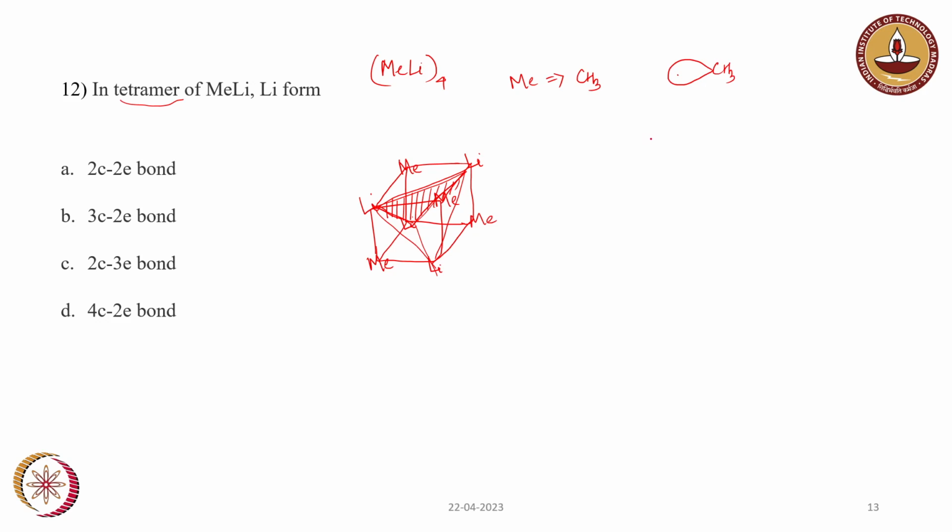So the interaction between an sp3 orbital from a methyl group and the 2s orbital of lithium atoms will form a 4-centered 2 electron bond. So in this face, this methyl group will be forming a bond. So we can redraw.